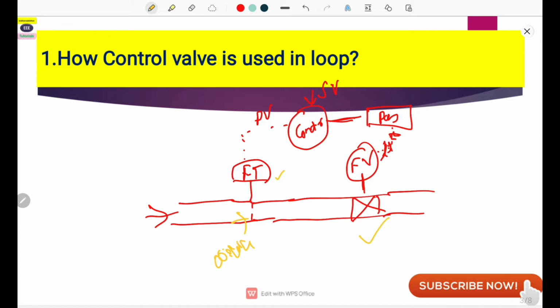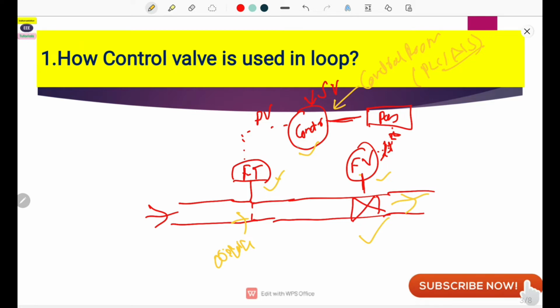These two, the flow meter and the control valve, are connected through this controller, which may be installed in the field or in the control room, and it can also be configured in a PLC or DCS. So how will this valve be used in a control loop?